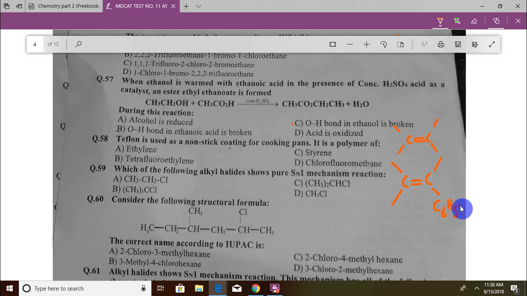And how is polystyrene important? Well, we know we use polystyrene as packing material. We also use polystyrene to make bottles, and we also use it to make certain toys.